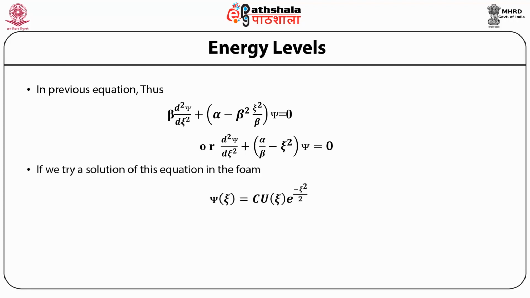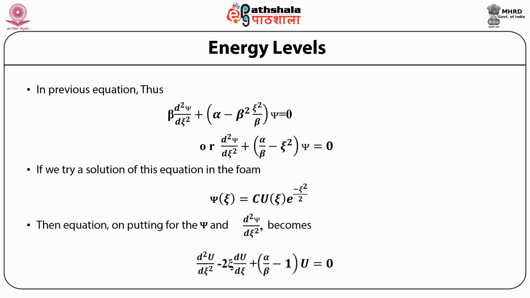And if we try a solution of this equation in the form ψ(ξ) = C u(ξ) e^(−ξ²/2), then on putting the values of ψ and d²ψ/dξ², the equation becomes d²u/dξ² − 2ξ du/dξ + (α/β − 1)u = 0.